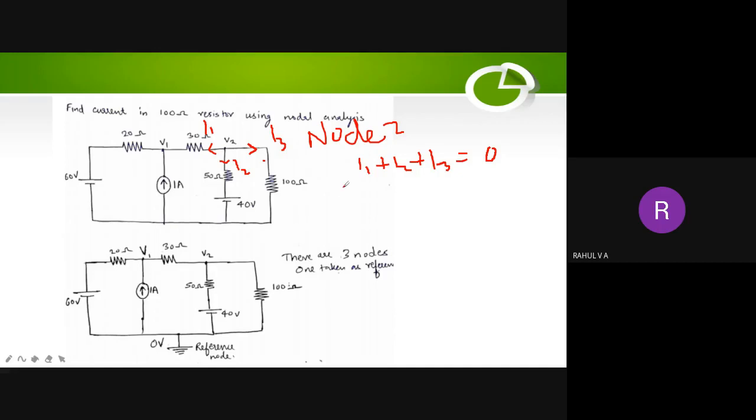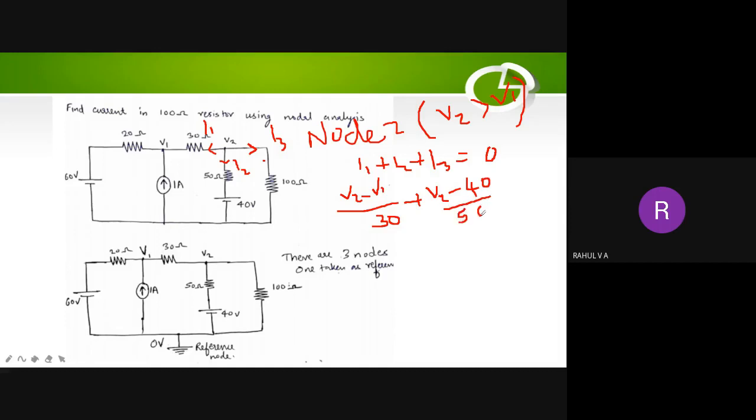Now how to find out I1? We have to assume V2 greater than V1, and potential difference across I1 is V2 minus V1 divided by the resistance 30, plus I2 is nothing but V2 minus 40 divided by 50.